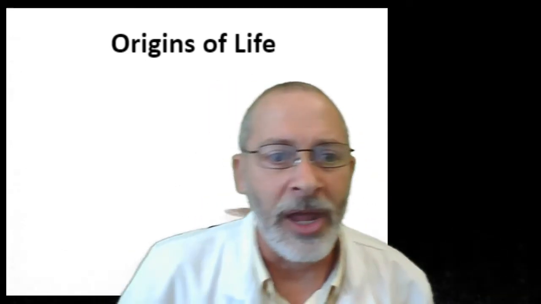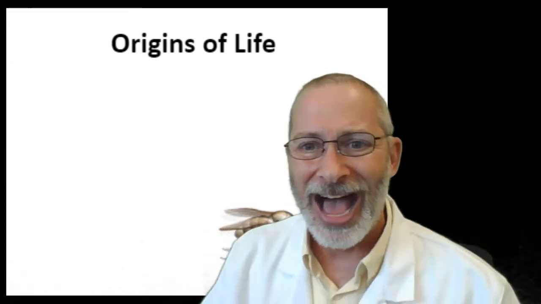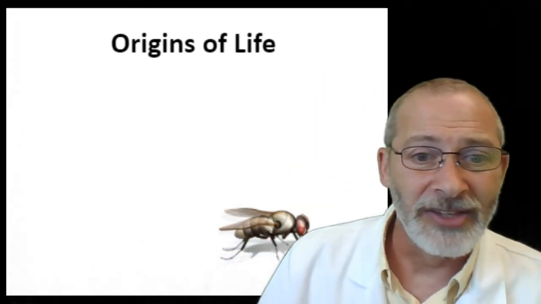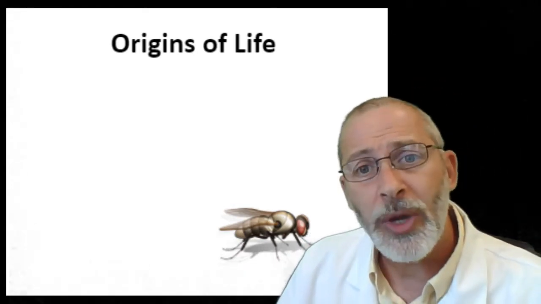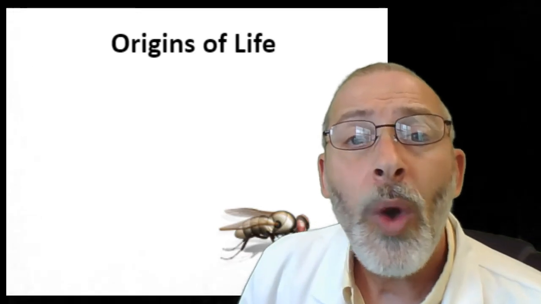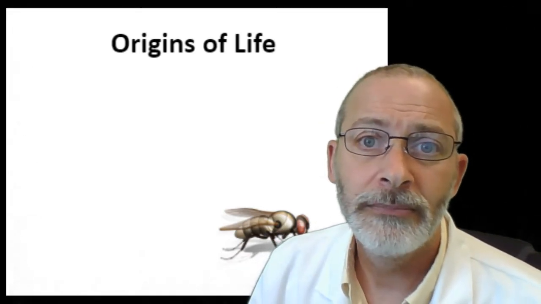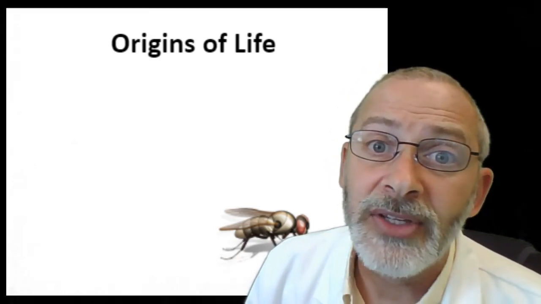Okay. Anyway, the origins of life. What in the world does a fly have to do with the origins of life? Well, you'll see as I share with you a little story. But before I do, I want to ask you a question. Where do flies come from? Anybody have an answer? Where do flies come from?